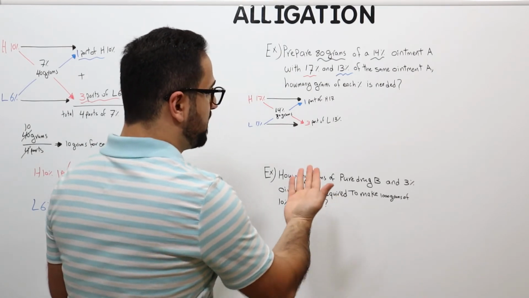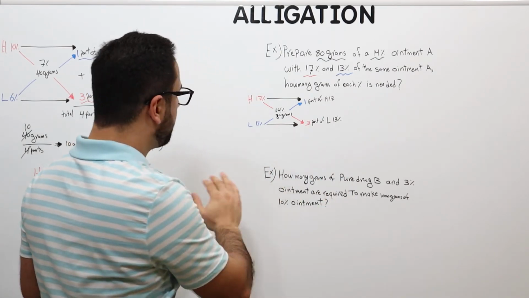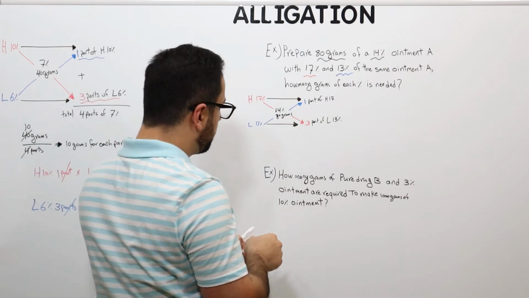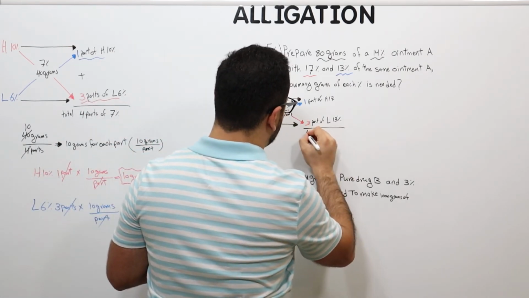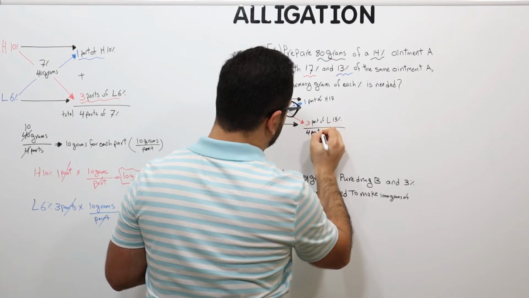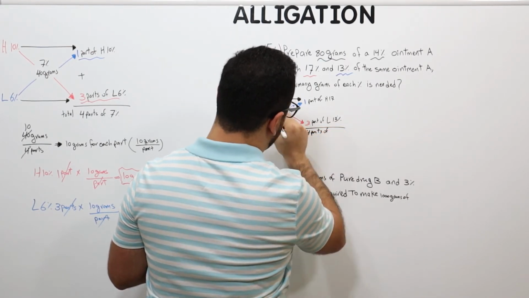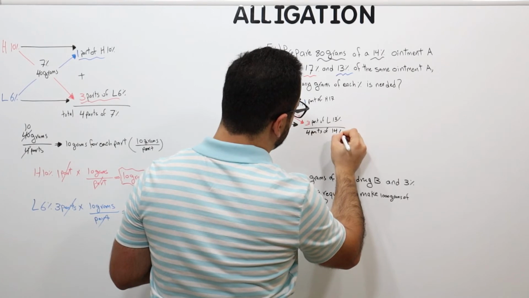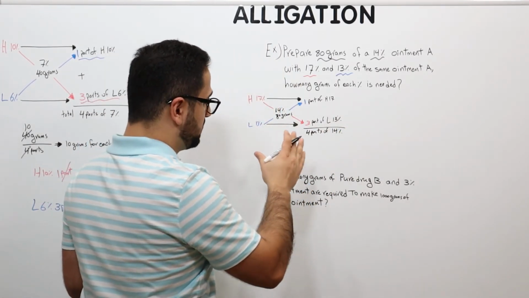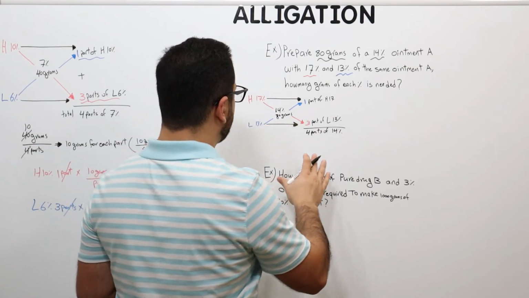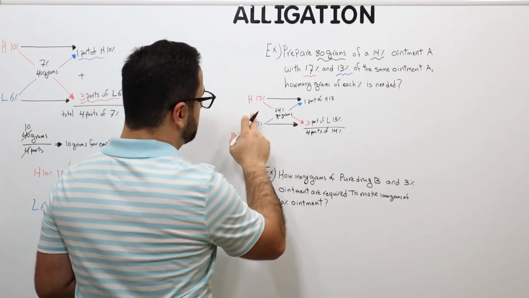And after this step, just like we did over here, we add this up and find the total for the desired concentration, which is 4 parts of the 14%. So now what we need to do is find how many grams we need from each one of these to prepare this.